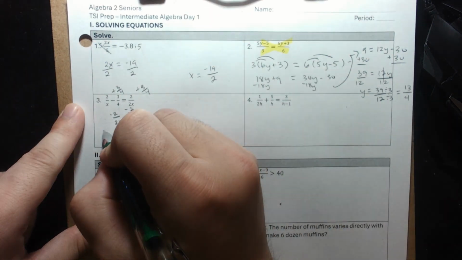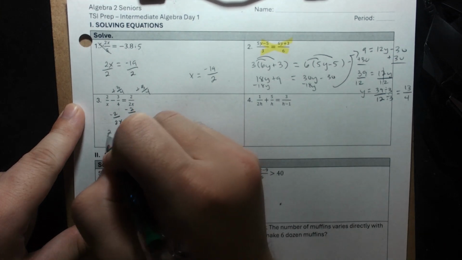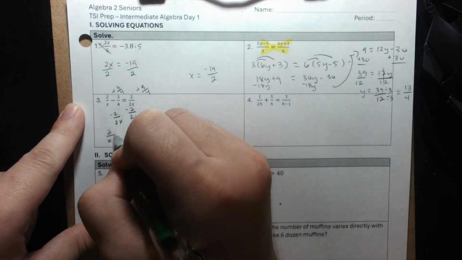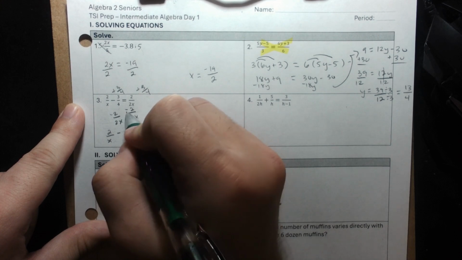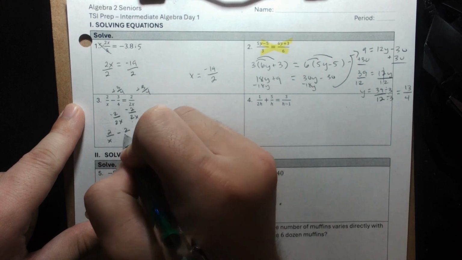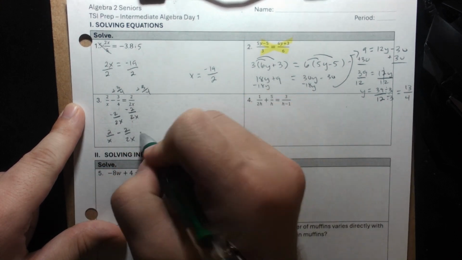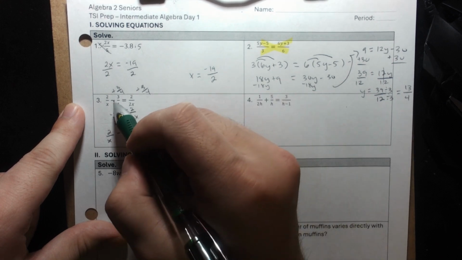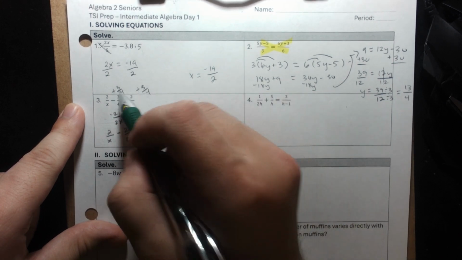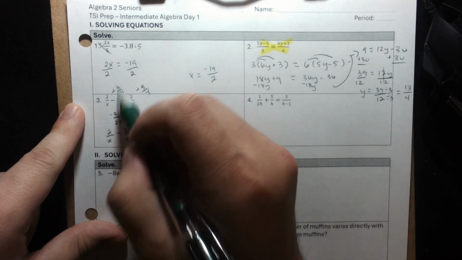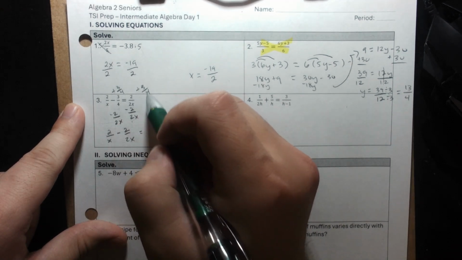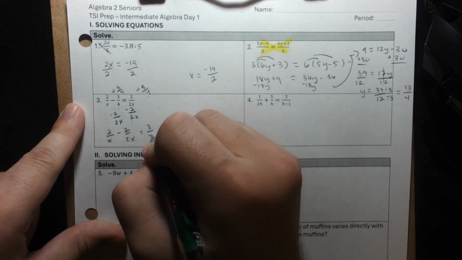So what you should have now is 2 over x minus 2 over 2x equals, so we're adding both sides by 3 over 4 here, right? So these will cancel, and then we have this 3 over 4 to the other side of the equal sign.